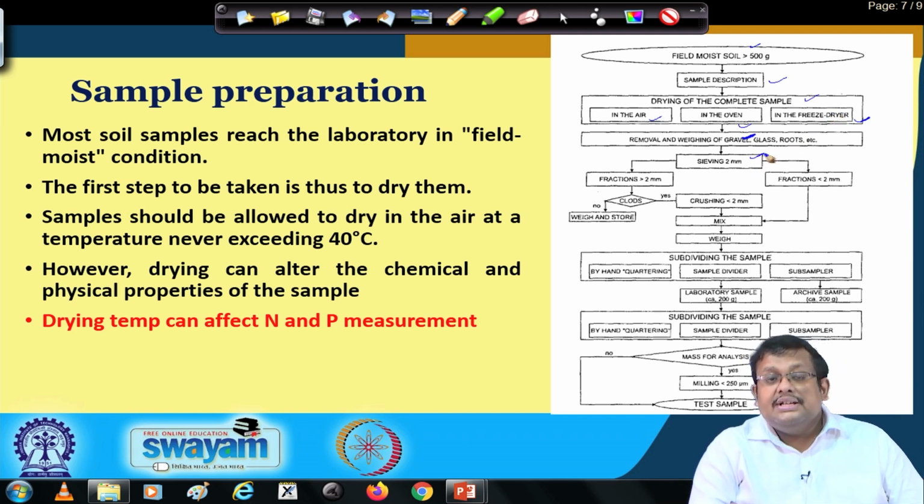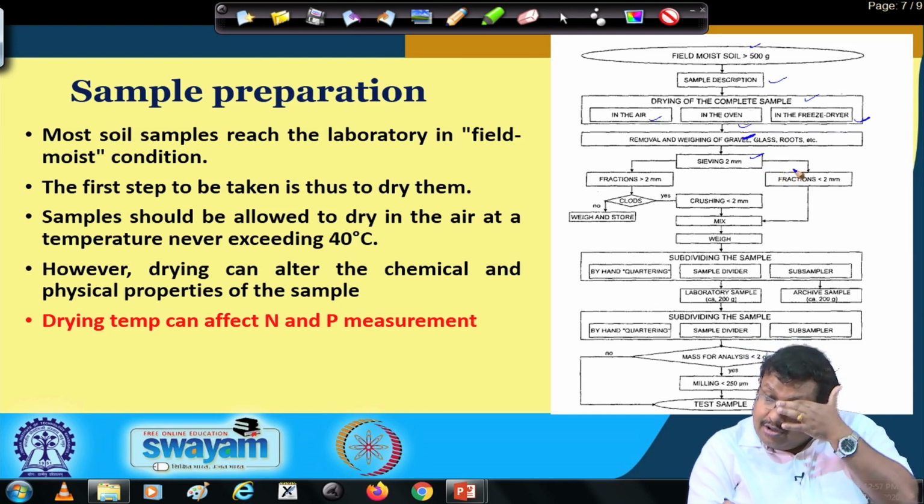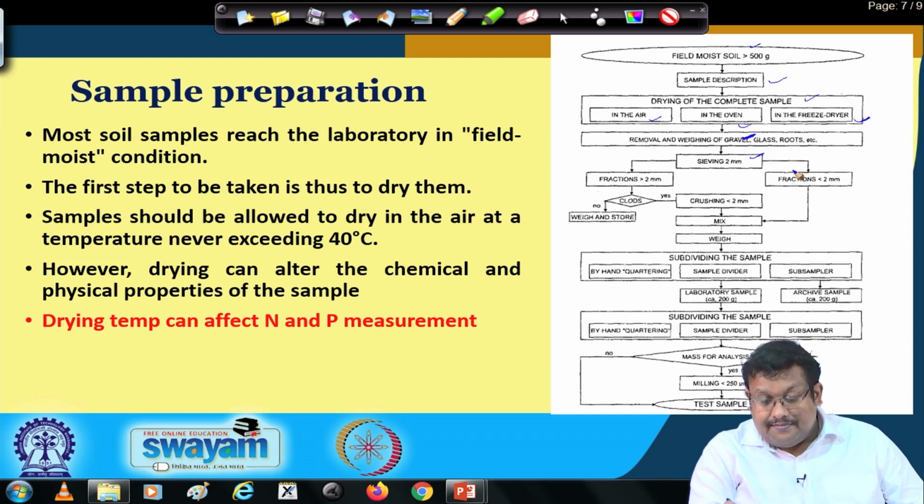Once you sieve out all the gravel, glass, roots and other artifacts from the soil, then the next step is to sieve the material, specifically soil. Soil is generally considered as the material which has less than 2 millimeter particle size. So, sieving is generally done to ensure that the particle size is less than 2 millimeter.